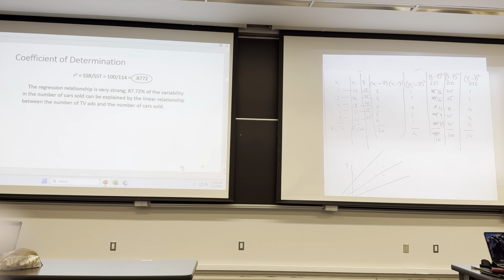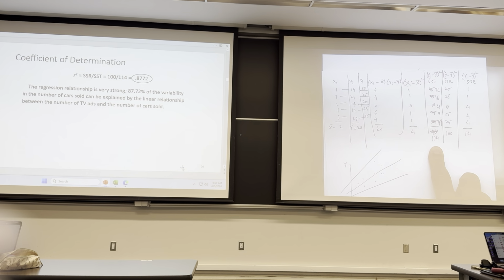Now, when I take a ratio of SSR over SST, the total error square is 140, and this one was able to eliminate, explain. So when I take 100 over 140, the answer is 71.43%. Now what's the interpretation of this?